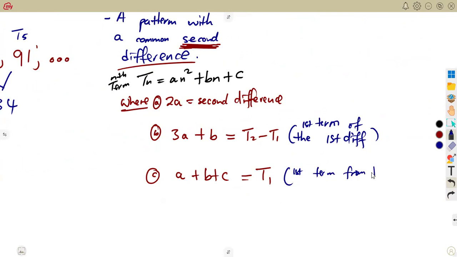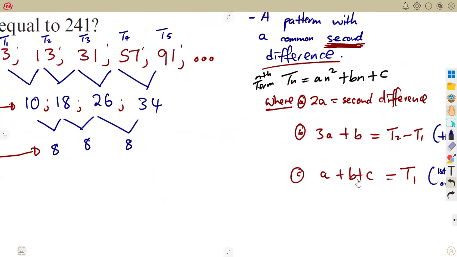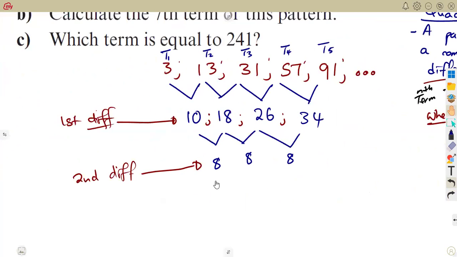This is from the original question, the original sequence that we are given. Let me just have it here in short so that we understand each other. Like I was saying, 2a is equal to this part of the second differences.